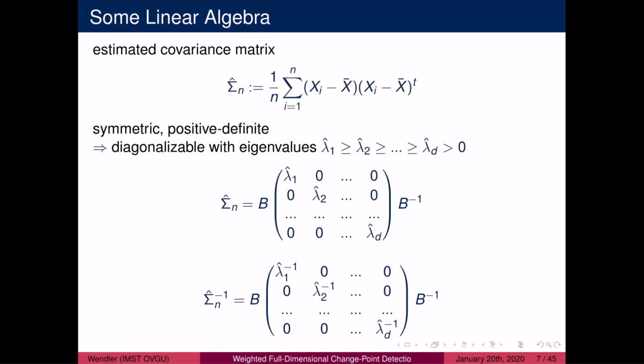The estimated covariance matrix is symmetric and hopefully positive definite, so you can diagonalize it with positive eigenvalues. You get such a representation, where B is a basis change matrix, and the inverse is given by this.